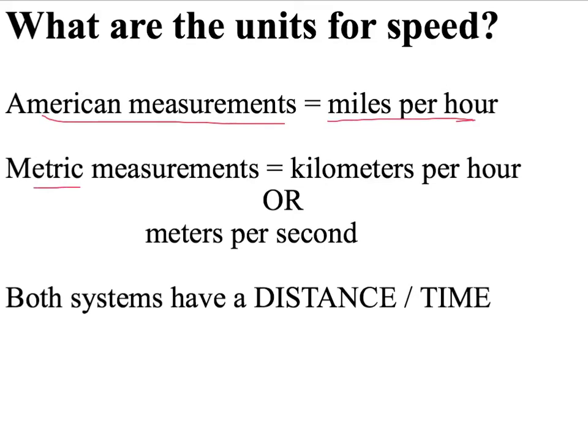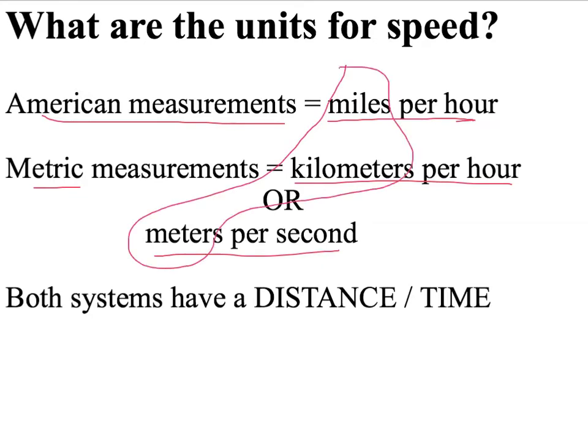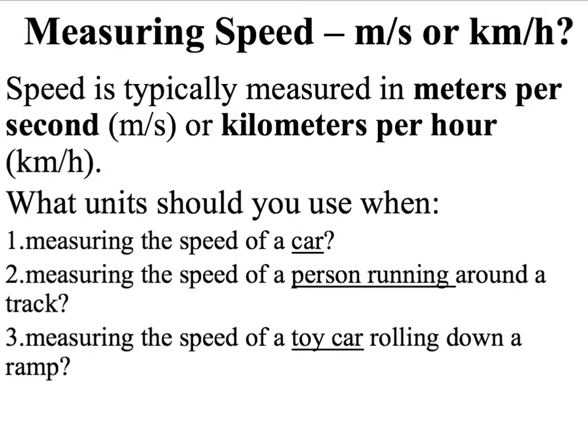So, the units that we're going to be typically using are going to be kilometers per hour or meters per second. And even though these seem a little bit different, both of the systems have a distance, miles, kilometers, or meters, divided by an amount of time, hours, or seconds. And this is going to come in handy in just a few minutes.